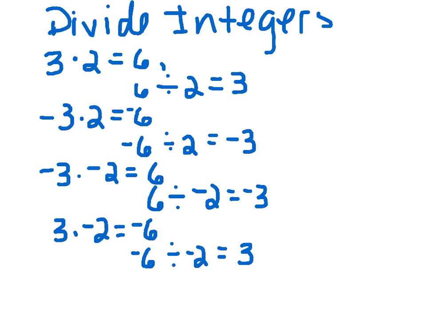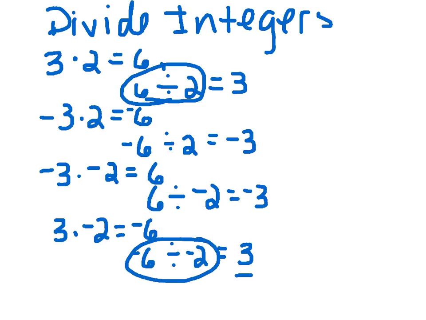From this example, you can see that when the signs are the same, you get a positive answer. When the signs are different, as they are in these two, you get a negative answer.